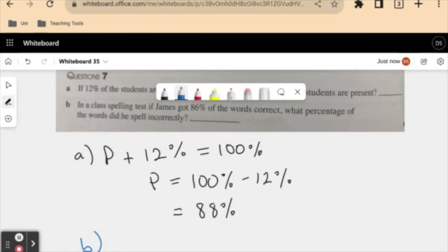because we know that the percentage of words incorrect, I'm going to write that as I for incorrect, as well as 86%, would make up the 100% of the words in the spelling test. This idea of the whole.